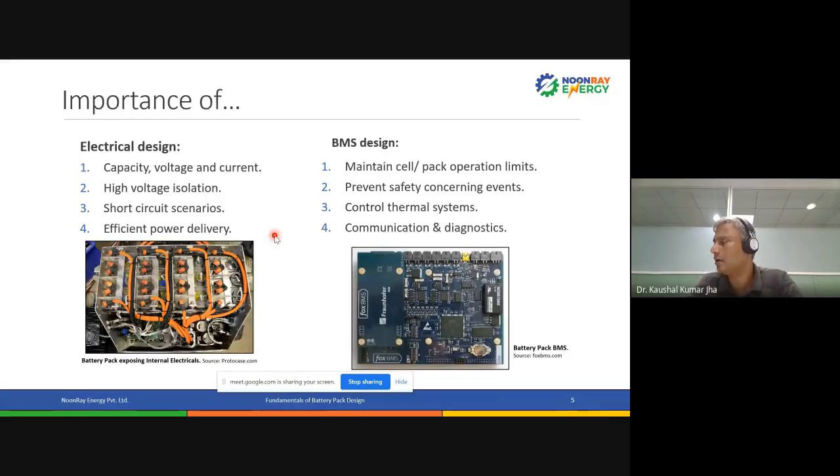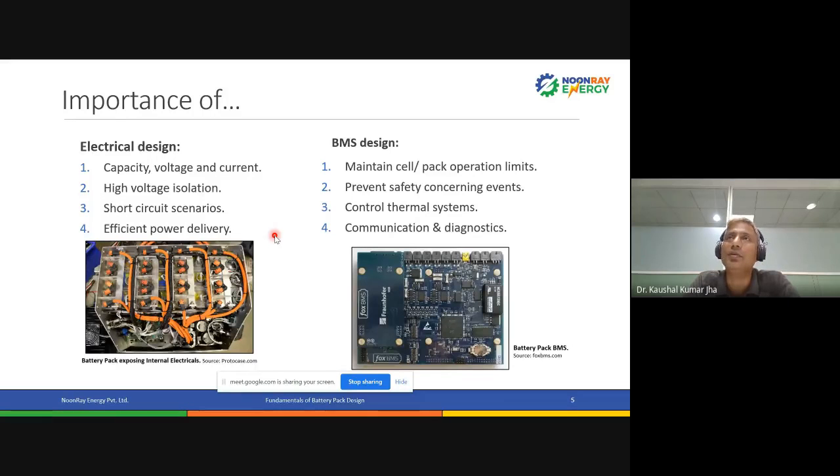The main function of a BMS is to maintain cell pack operational limits. So if I'm saying that my cell can work only between 10 degrees to 60 degrees centigrade, and if temperature is rising to 65 degrees centigrade, it should cut off the battery pack at 60 degrees centigrade.